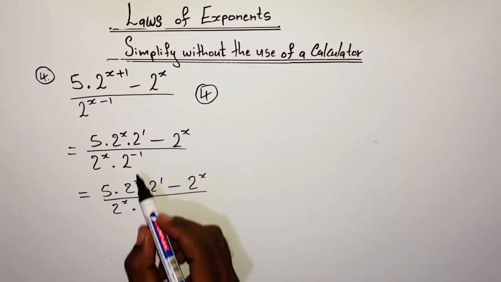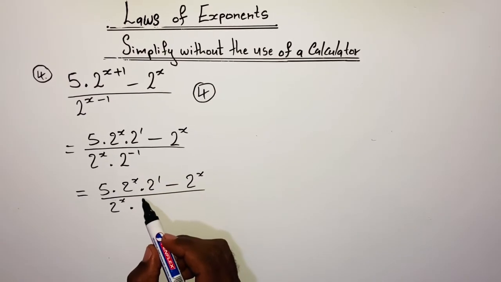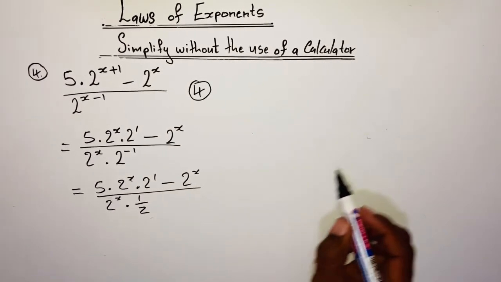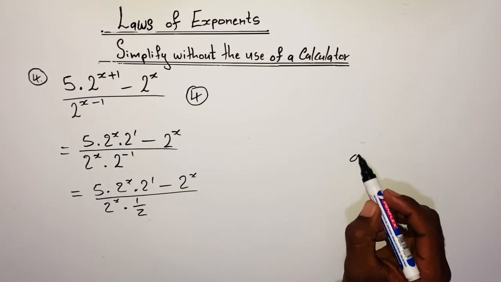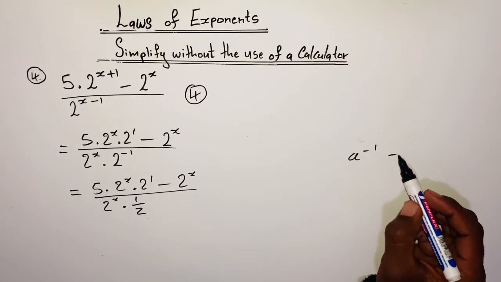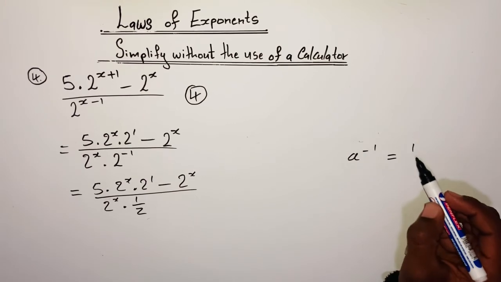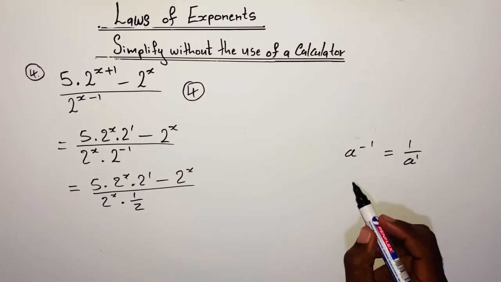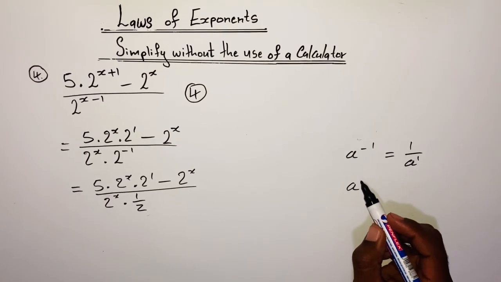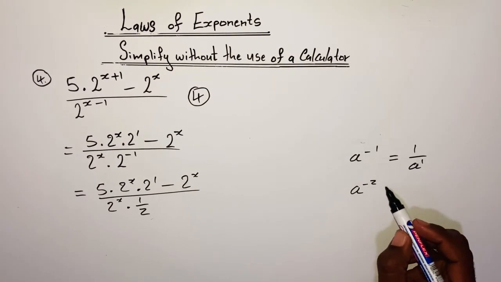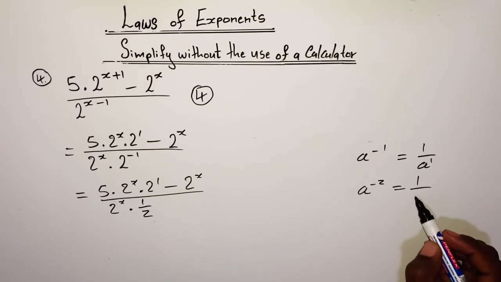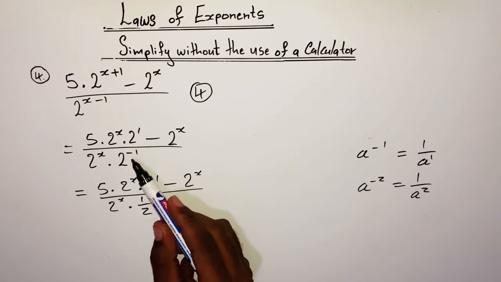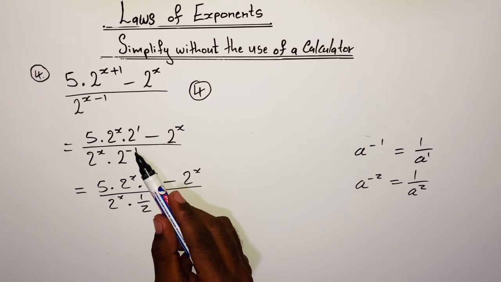For this one, we'll change it to be 1 all over 2, taken from the law that says a to the minus 1 is the same as 1 all over a to the 1. Same goes if you had a to the negative 2, it's the same as 1 all over a to the 2. So that's what we did with this 2 to the negative 1, changing it to be 1 over 2.